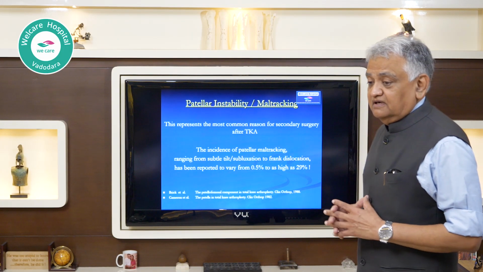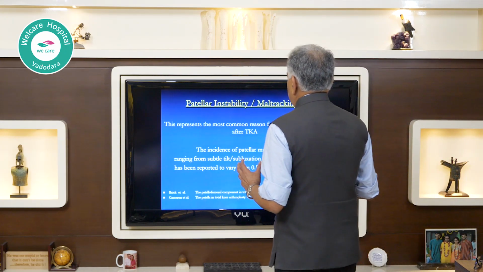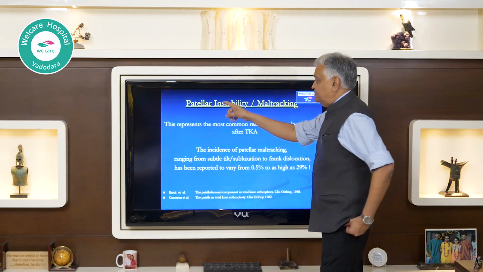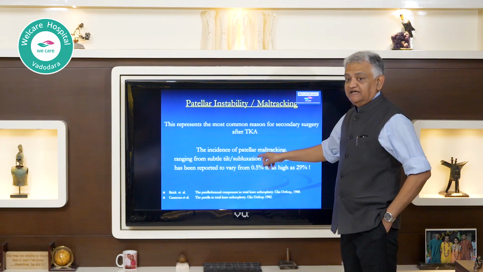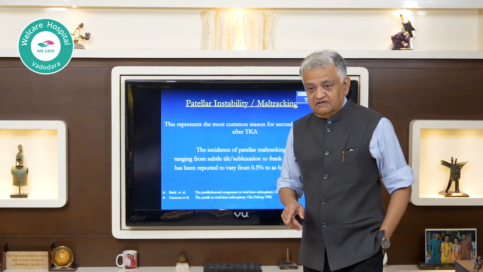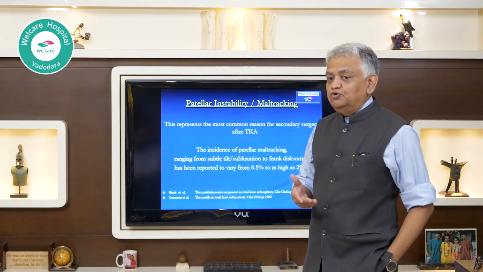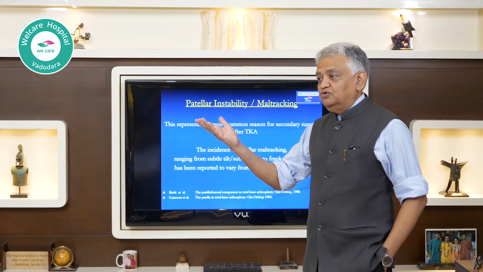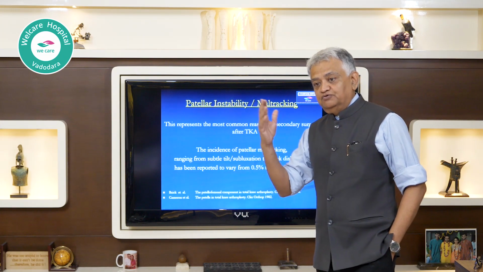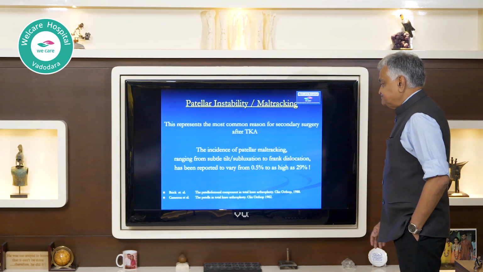The reported incidence of a patellar maltracking instability type of situation post arthroplasty in various articles has been reported with this range. So 30% means every third knee that was replaced had some sort of patellar problem, and therefore no wonder that the reoperation rate goes above 50% when you take the total reoperation rate.